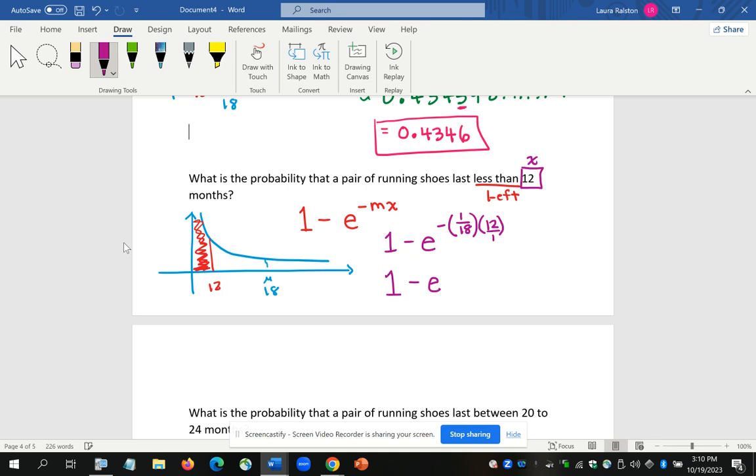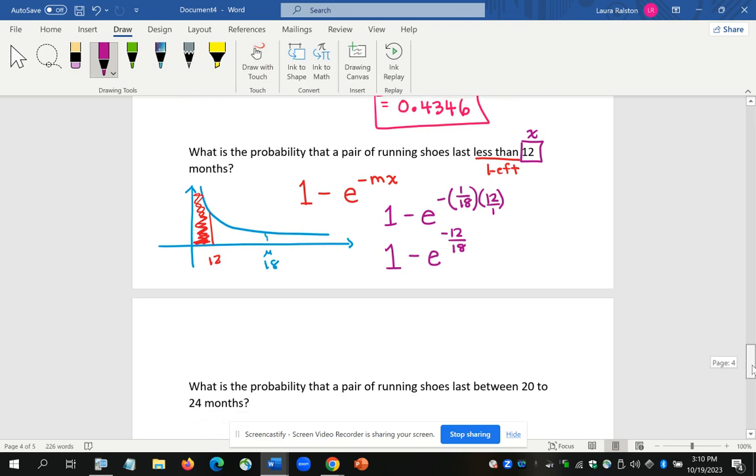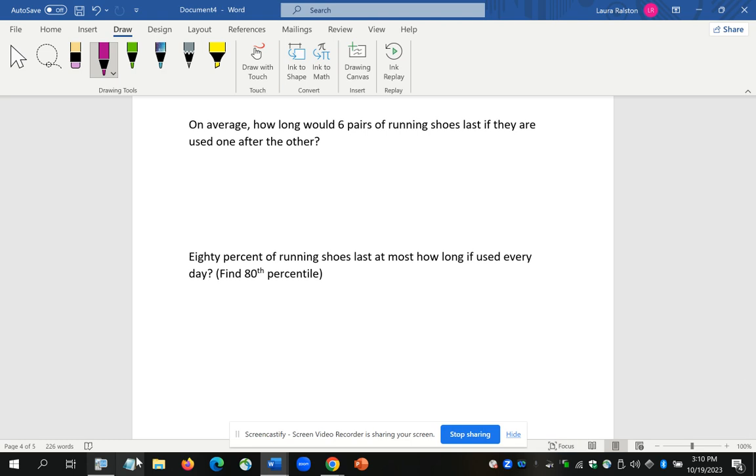Okay, so 1 minus e, 1 times 12 is 12. 18 times 1 is 18. And then I'm going over to my calculator. Okay, so to the calculator we go.